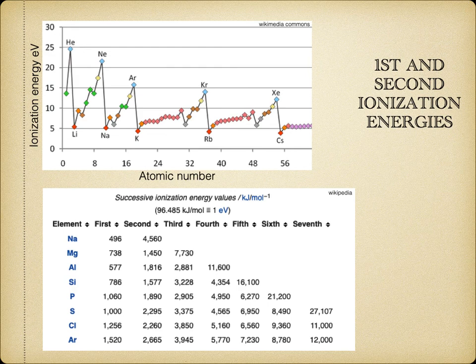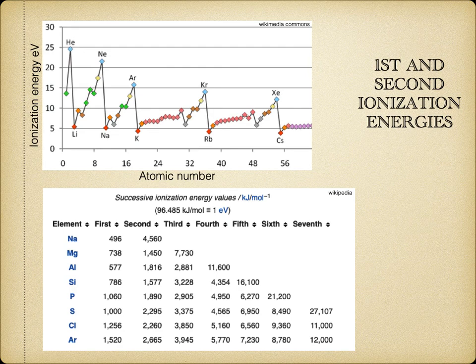And you can kind of see this trend play out. You can also maybe take a look at what's going on with the transition metals after you get past potassium. Notice that they're mostly fairly similar, but we have a little bit of dropping going on there near that filled d sublevel.